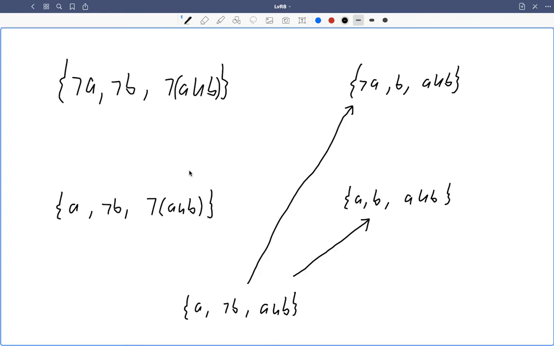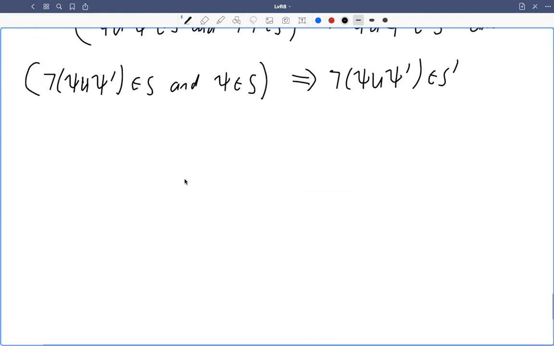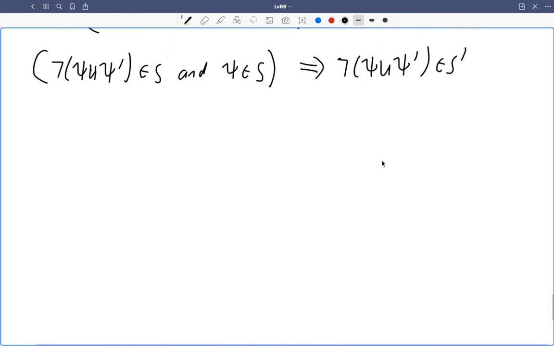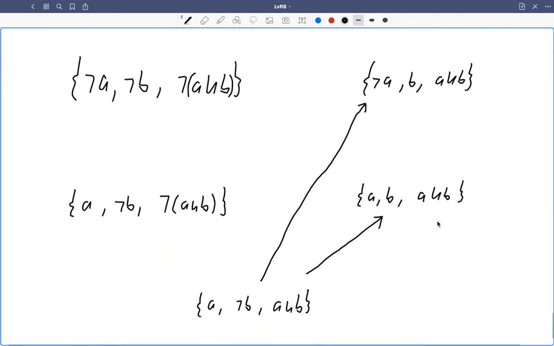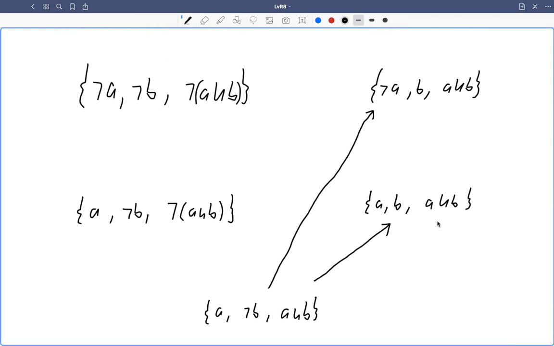And similarly, if we have a negated until and the first formula, then we can propagate the negated until. So if we have a negated until and the first formula, as we do here, then that will go to any place that has a negated until.